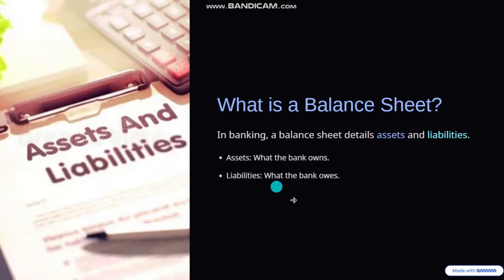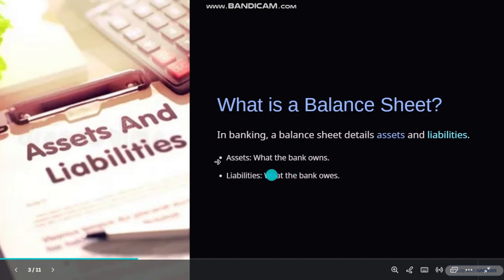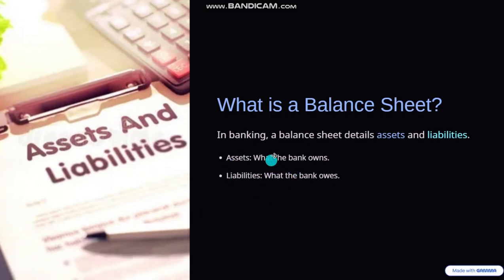Liabilities are what the bank owes to others. In banking, these two always balance out. That means total assets is equal to total liabilities. Now, if we apply this to commercial banks, that means CoB, and the central bank, that means CB, the story becomes fascinating. Let's break it down.